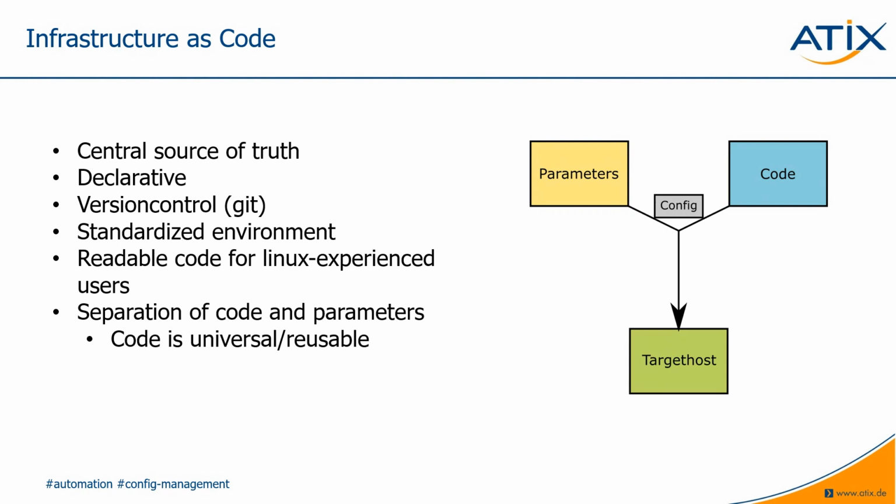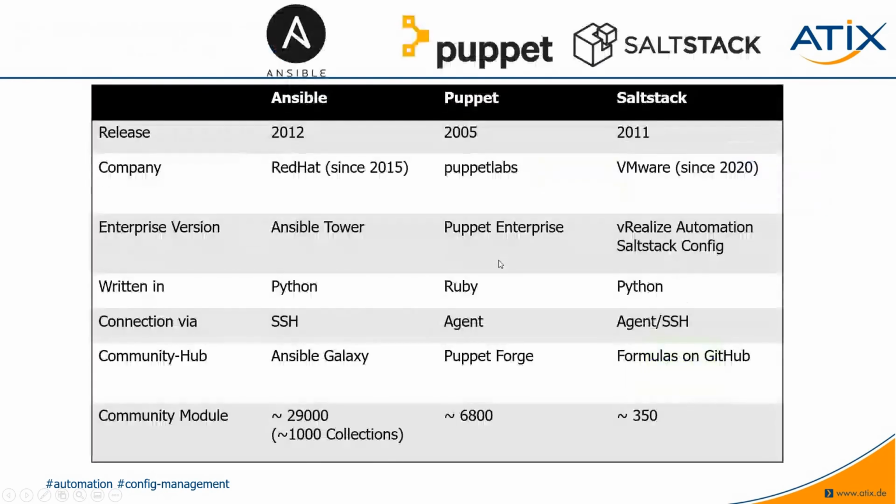So let me come to the 3 different tools we want to have a look at. There is Ansible, Puppet, and SaltStack. If we have a look at the release dates, we see that Puppet is the oldest one and is still a common configuration management tool in IT infrastructure.